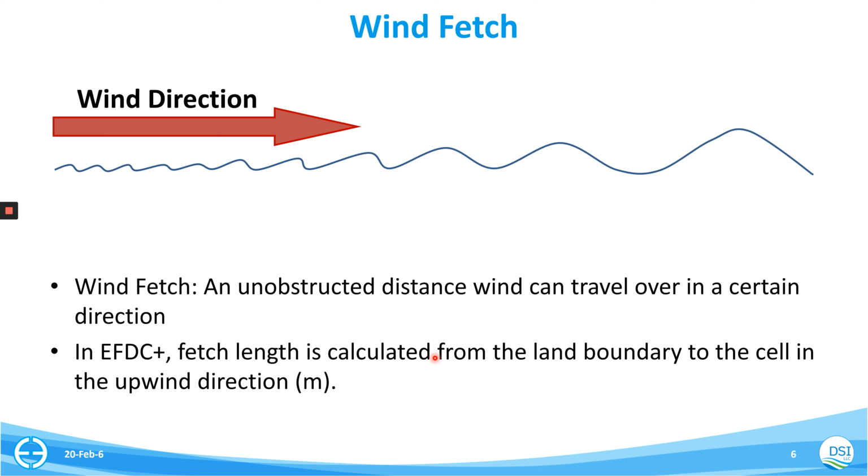Later in the hands-on session, the material provided uses the external wave model, which uses SWAN, but you can also try testing it using the internal wave module, and then you will have a better sense of how the fetch length is calculated.